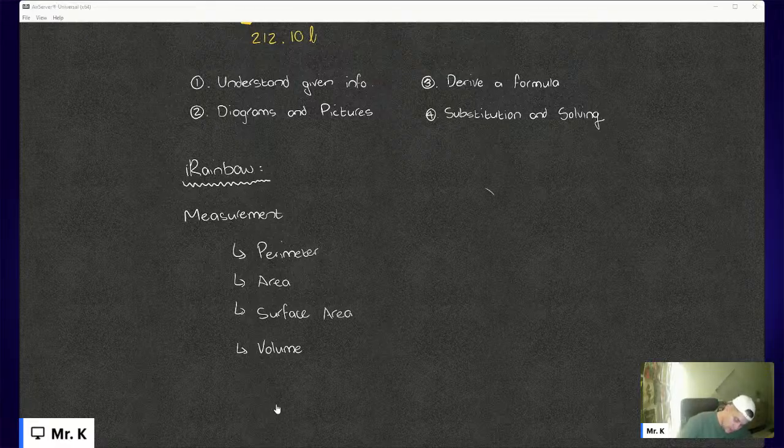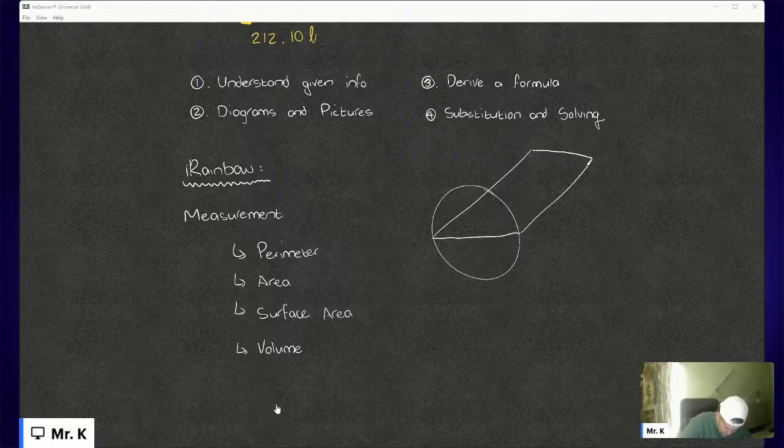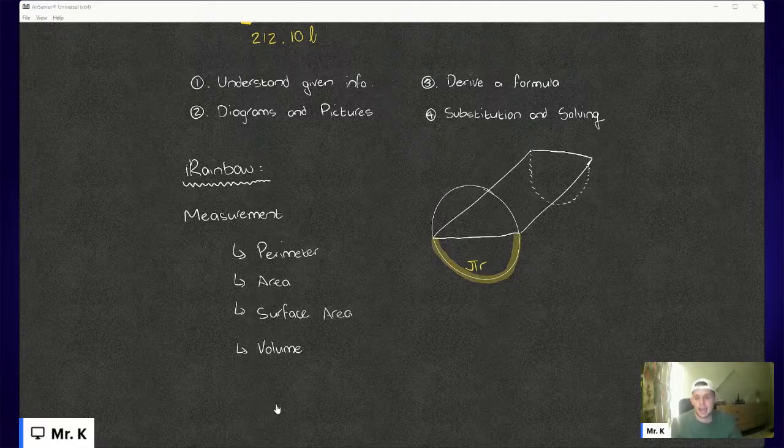Well, when it comes to calculating the surface area, the bottom of one of these half cylinders, do you remember, or do you know, and you can recall the fact that this part of a circle has a length of pi r?